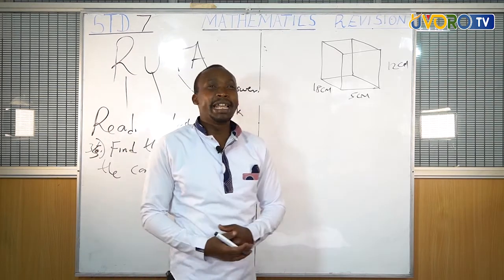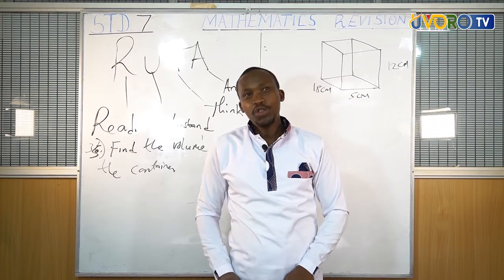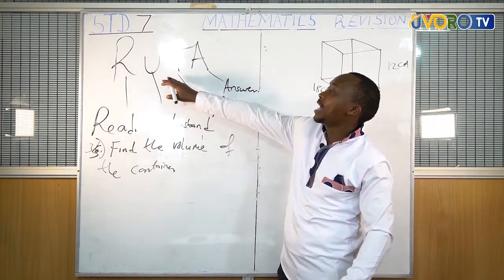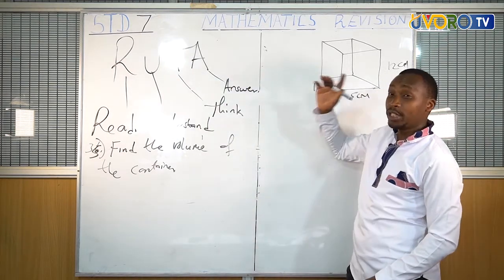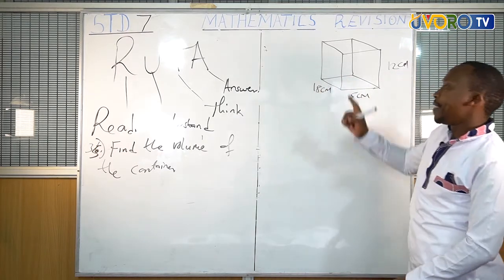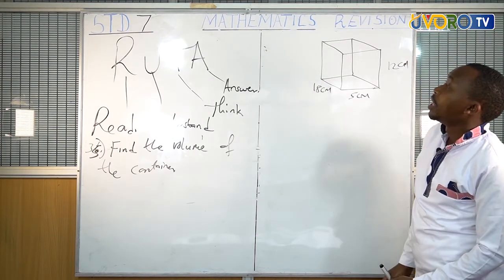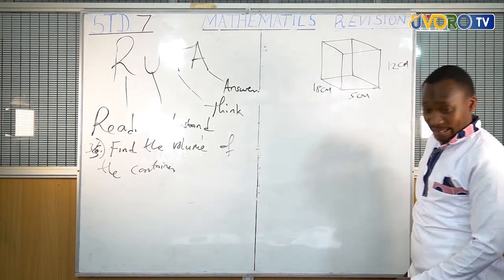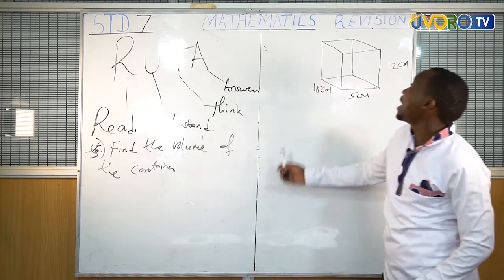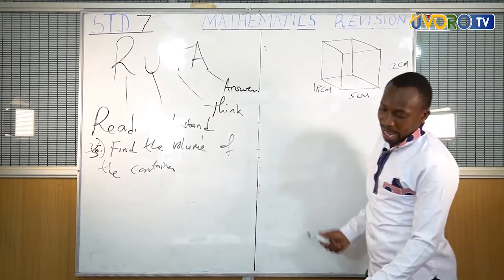Now, as we have said, class 7, please make sure that you use our formula, that is RUT. Let's root R for reading. Let's read our question again. Find the volume of the container. Now, let's root U for understanding. We have said that this is a cuboid, not a cube.